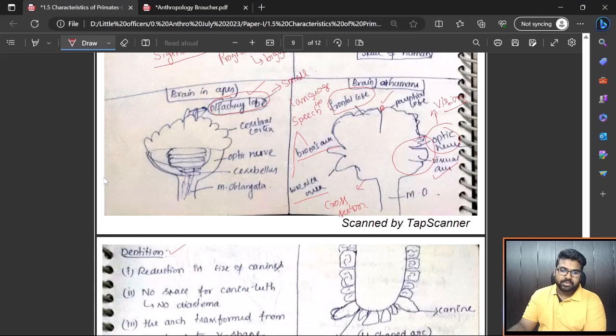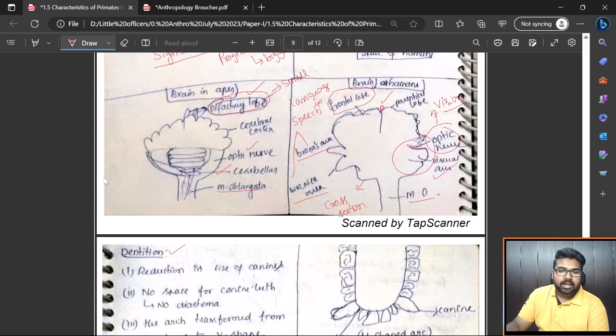Now if you check the same here, these kinds of specializations are not there in the ape. Yes, the optic nerve is there, but compared to humans it is less, and in humans we have a particular space and segment for it in order to give better vision. Then the rest, the cerebellum, is here as well, and the medulla oblongata, which then connects to your backbone.